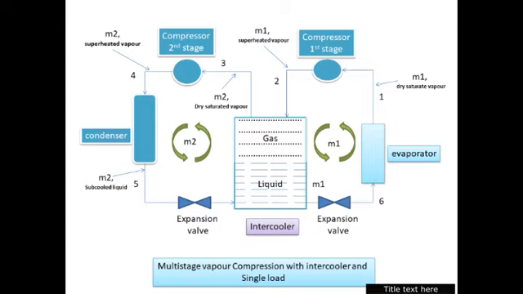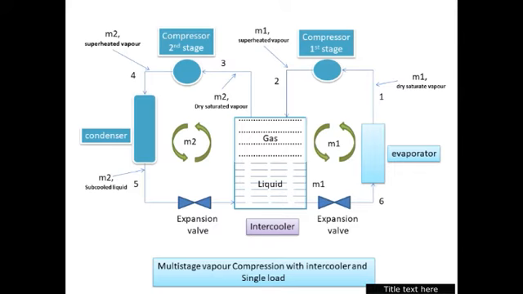In the second stage, the dry saturated vapor obtained from the intercooler will again become superheated vapor after the work done by the compressor. After getting superheated vapor, it will go to the condenser for condensation. The condenser will remove heat from the superheated vapor at constant pressure and constant temperature.